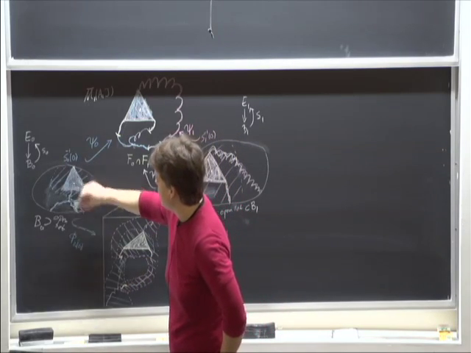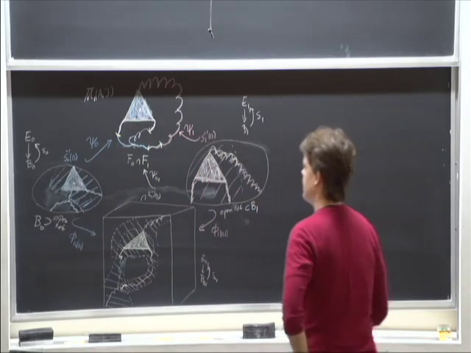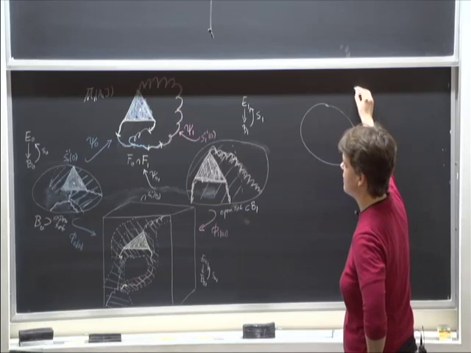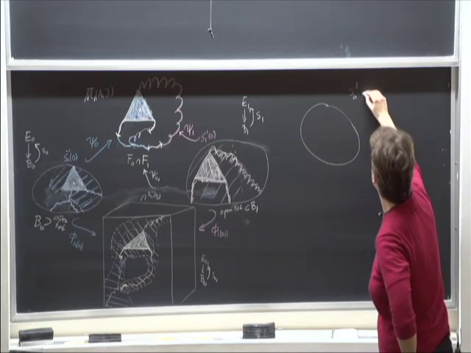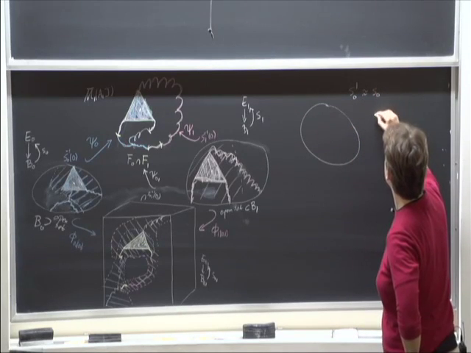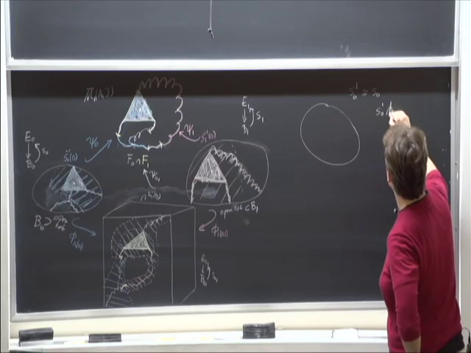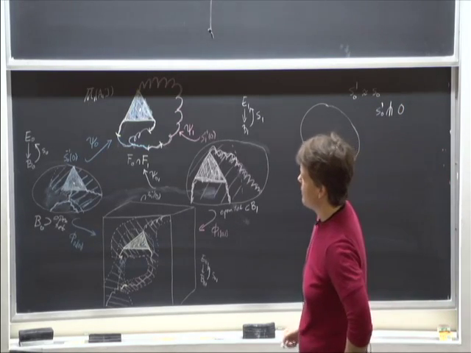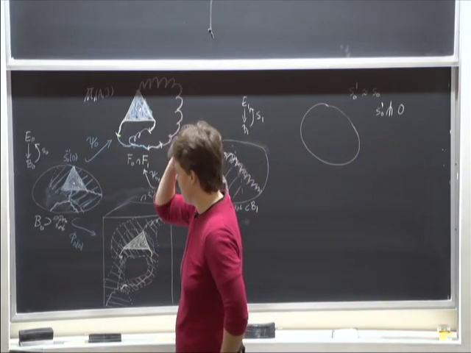So if you started in this chart here and you perturbed, trying to get this guy transverse. B0 is an open set.